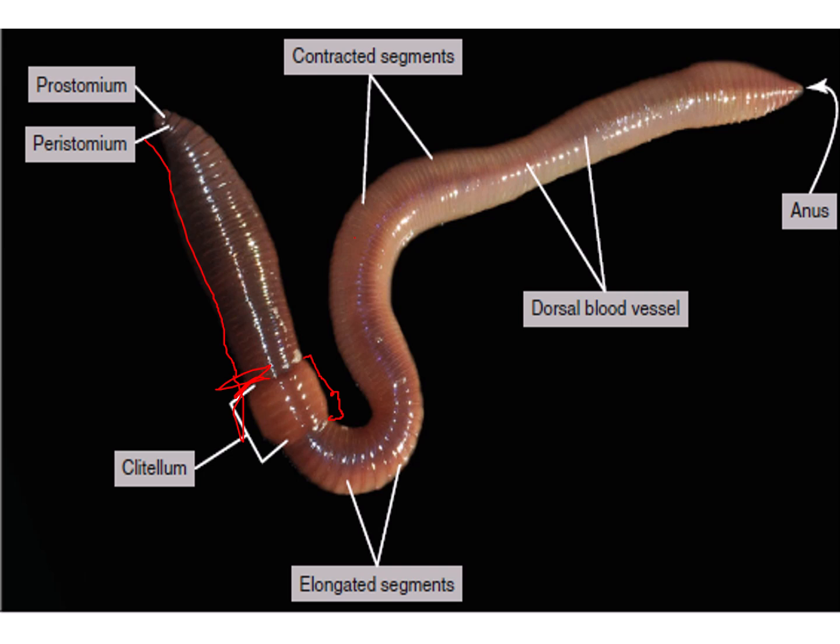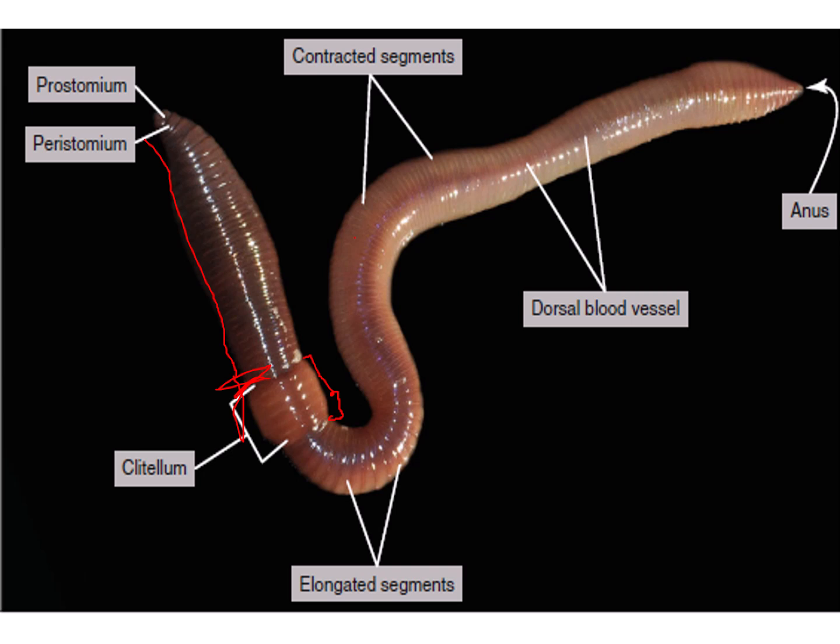As we said, this clitellum produces mucus sheets that surround the worms during mating, and is responsible for making the cocoon within which fertilized eggs are deposited.